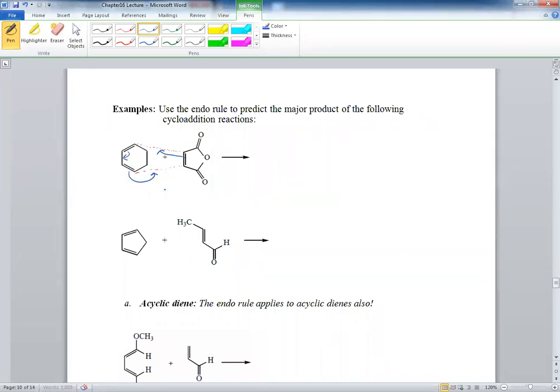So again, you're forming bonds. I know it looks like a weird structure, but it really follows the same method that we used before. Okay, so we have a bicyclic ring structure, as you recall.